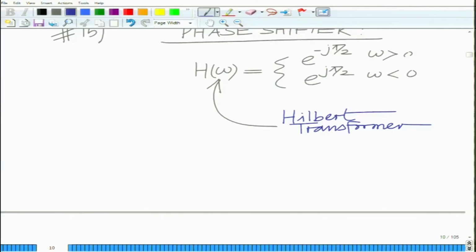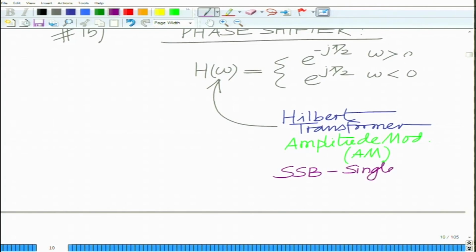So, let me just note that this is used in amplitude modulation, more specifically AM, to generate what is known as an SSB, that is, to generate a single sideband modulated signal.